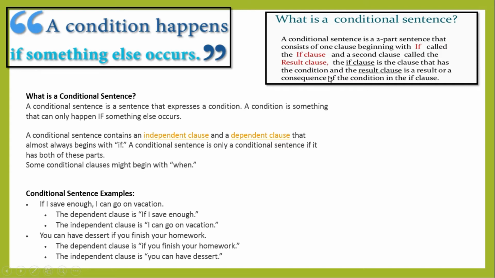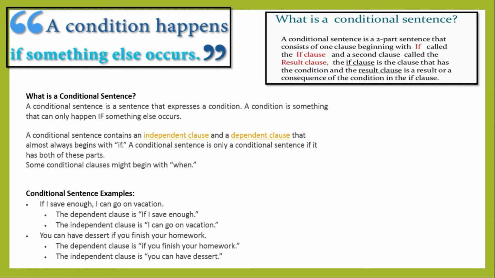So we've got two clauses. The first one is called the if clause, and the second one is the result clause. The if clause is the clause that has the condition. And the result clause is a consequence of the condition in the if clause.